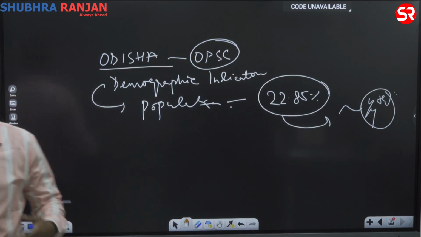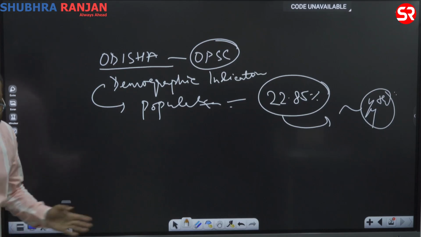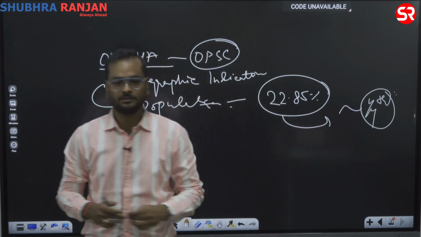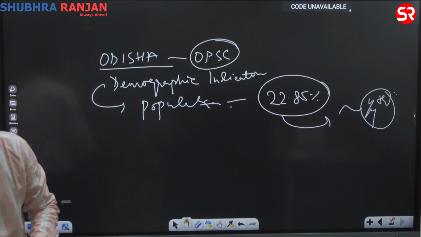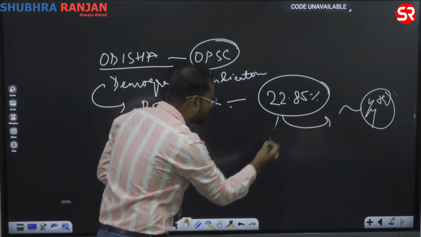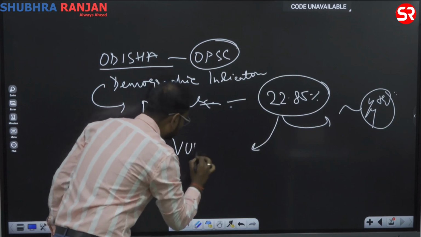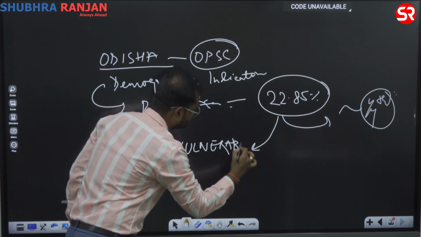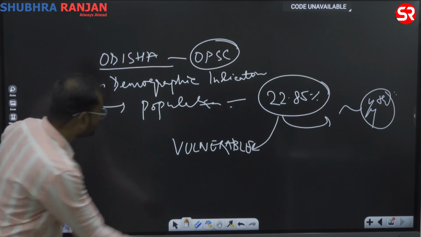If this is close to 1/4 of the population, do you think that such a huge mass should be kept aloof from the studies? And when this 22.85% population is quite vulnerable, how is it vulnerable? In what respect?